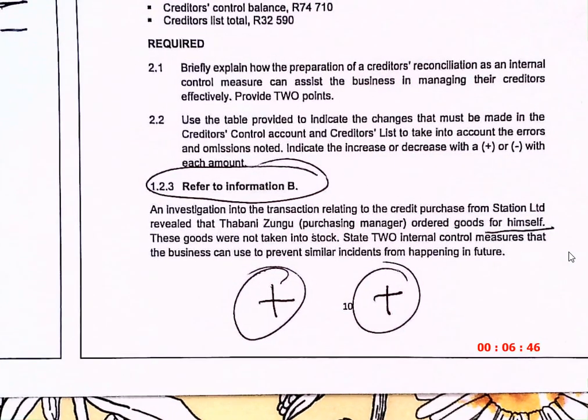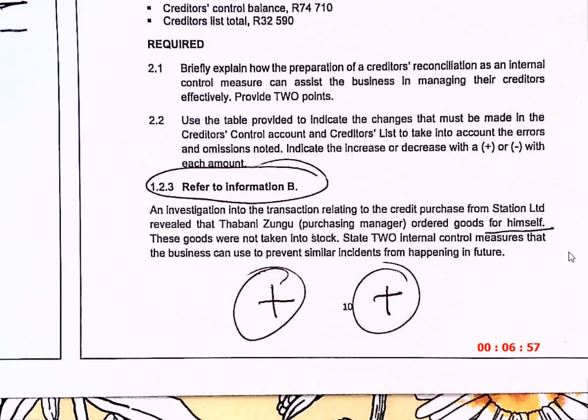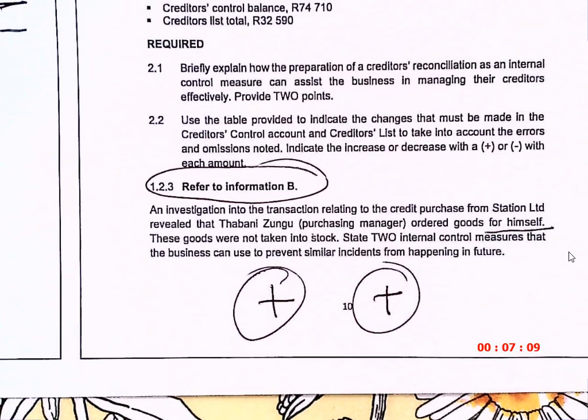So I'm going to do prudence, né? I'm going to do prudence where I say, this stuff was bought in my name. So I am going to show it as a purchase of stock. And I am going to show it as I owe this business the money, né? But what am I going to do outside of the books in real life? Who bought the goods?